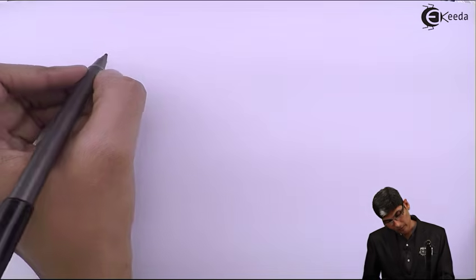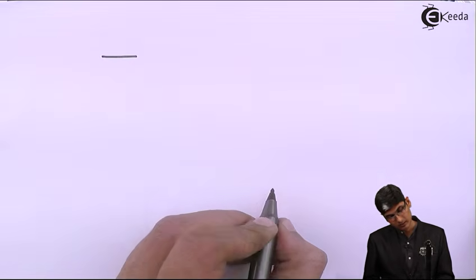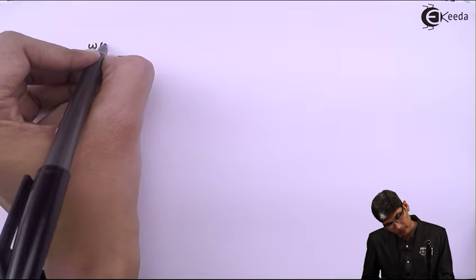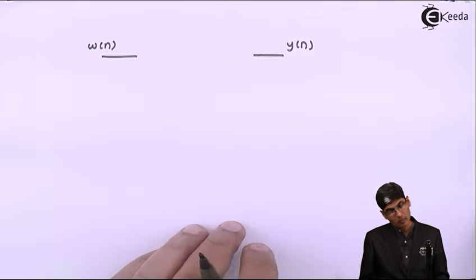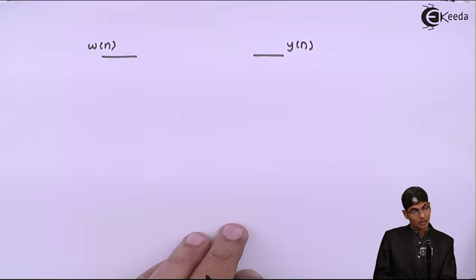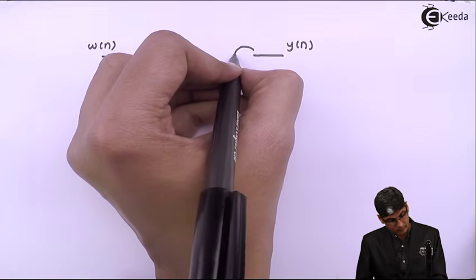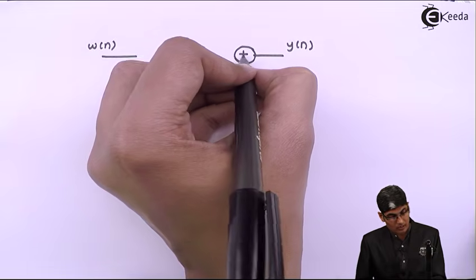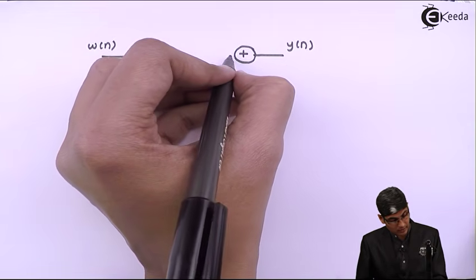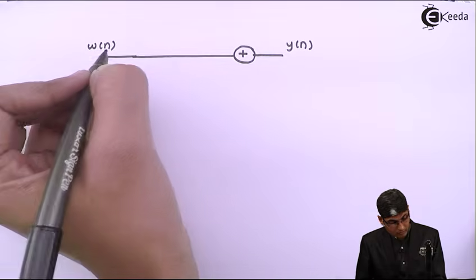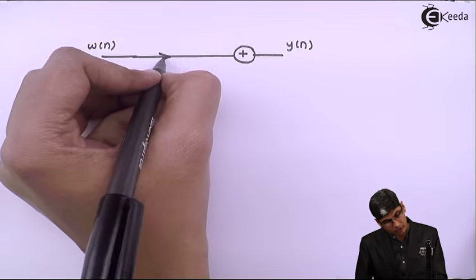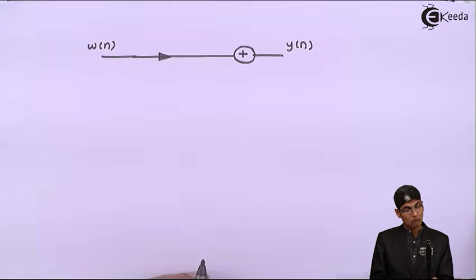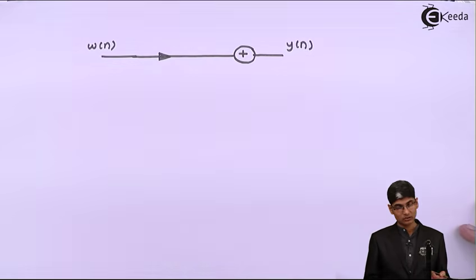So I will get input as w of n and I have output which is y of n. But the y of n output is the addition of w of n, which is coming straight with no coefficient, added by the delayed function of y of n.